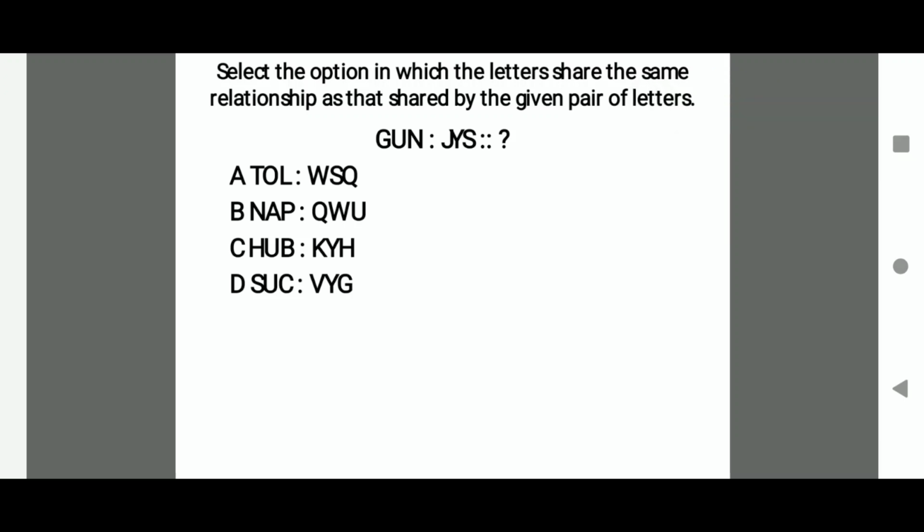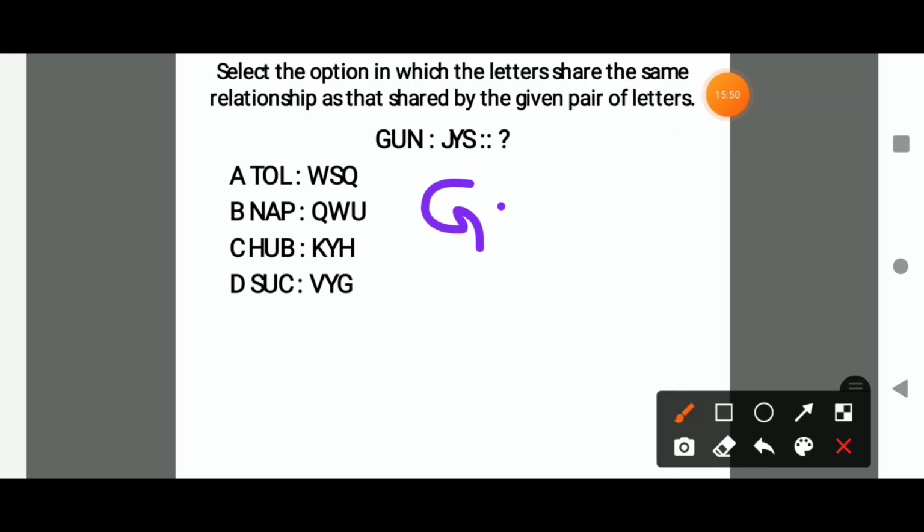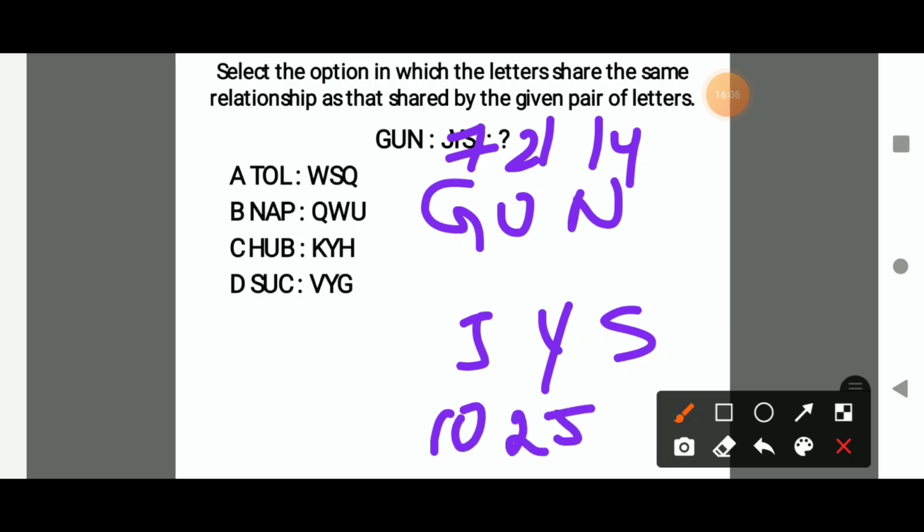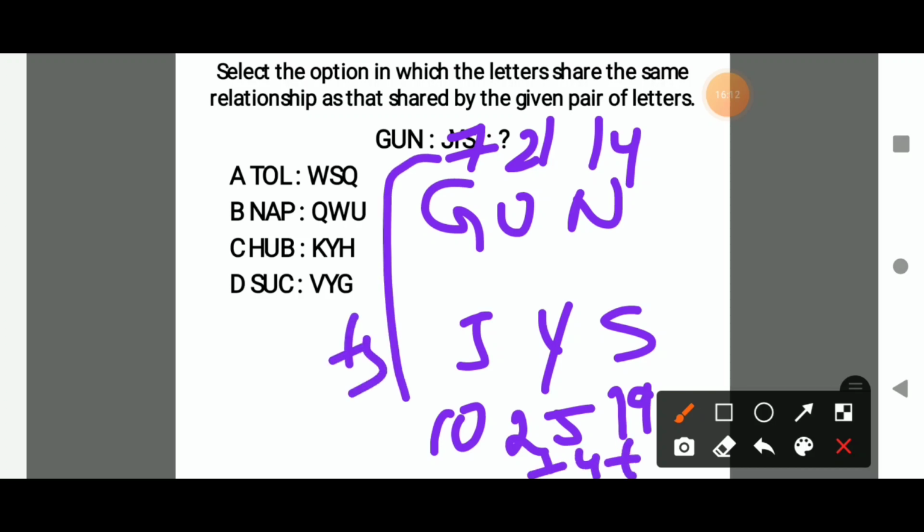And the completion of the series. GUN is related with JYS. G is numerically 7, U is 21, N is 14. J is 10, Y is 25, S is 19. So plus 3, plus 4, plus 5.